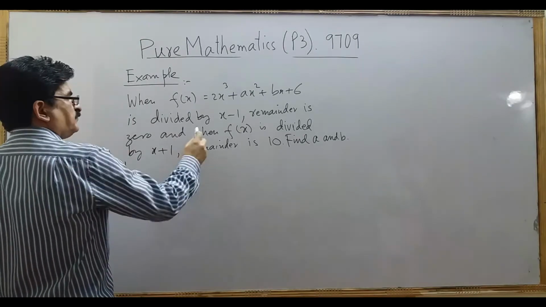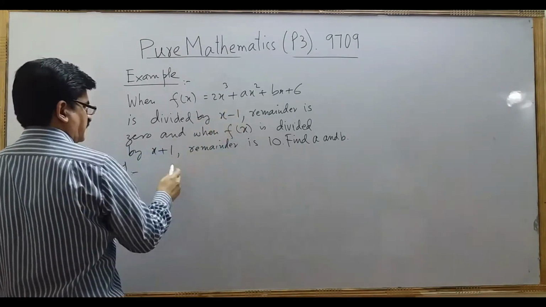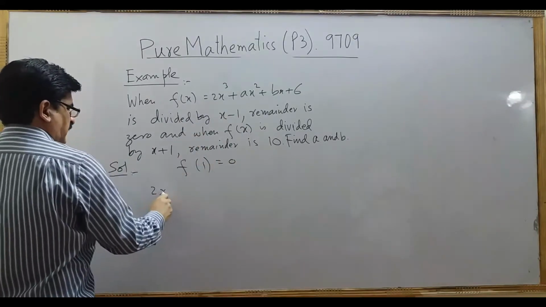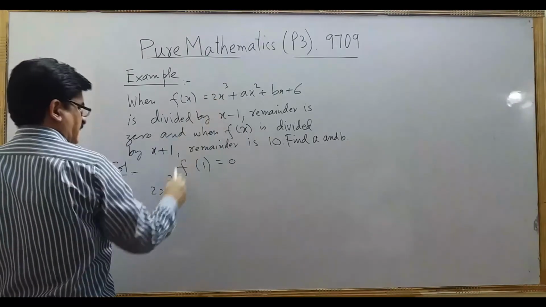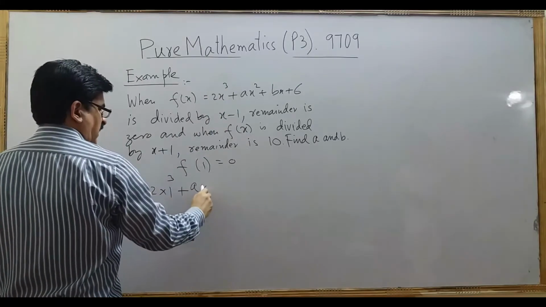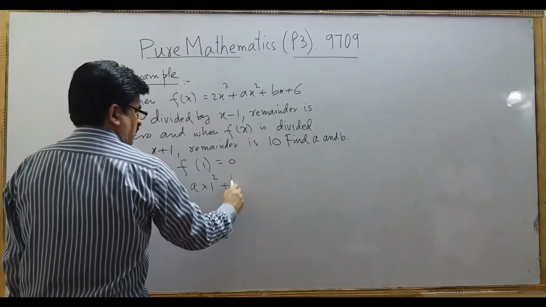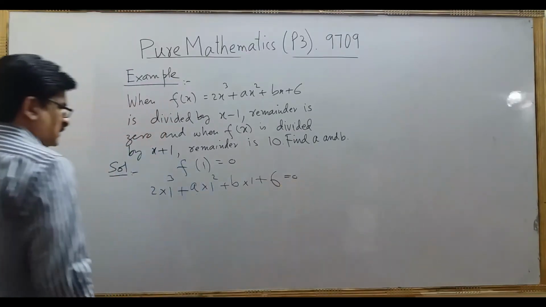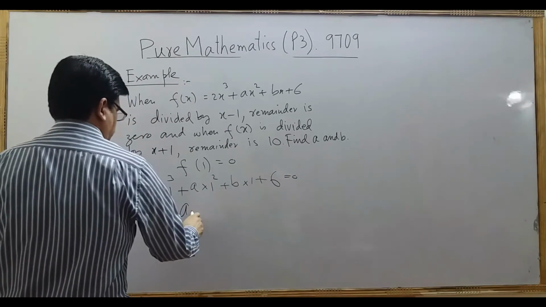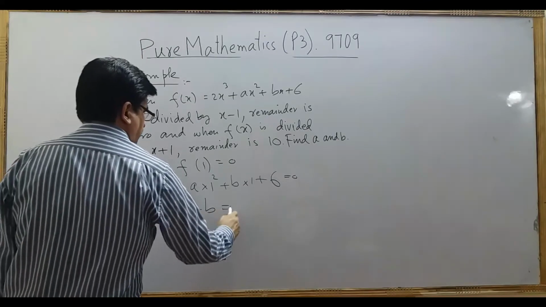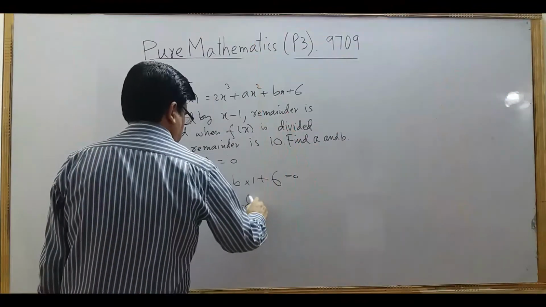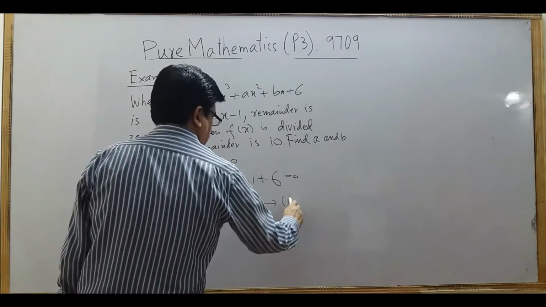Now, x - 1 is a factor, so f(1) is equal to 0. So putting the value of x = 1, we have 1² + a + b + 6 equal to 0. On simplifying from here, you will have an equation, minus 8. So this is equation number 1.